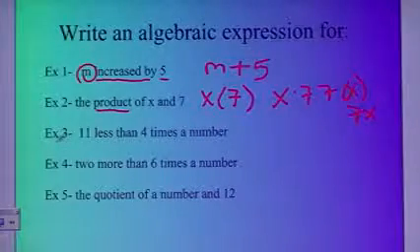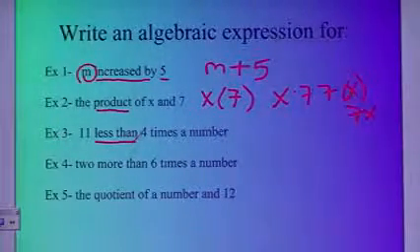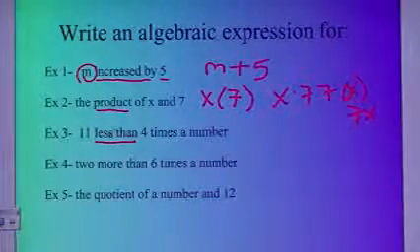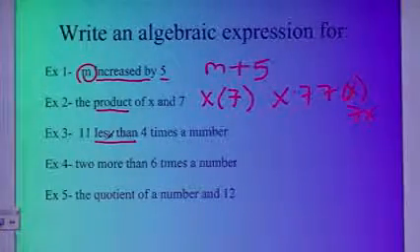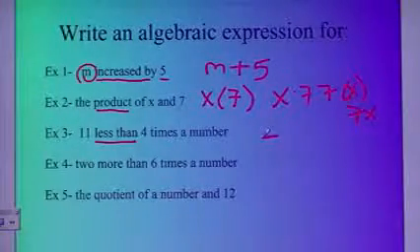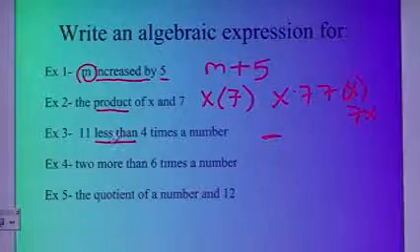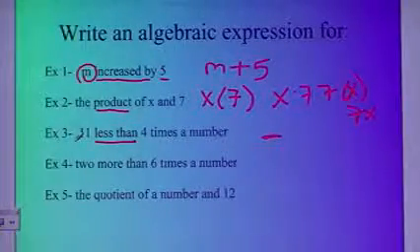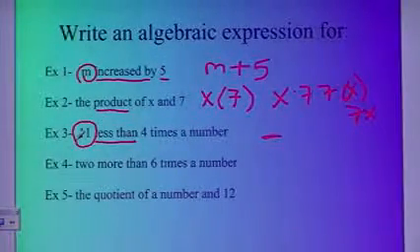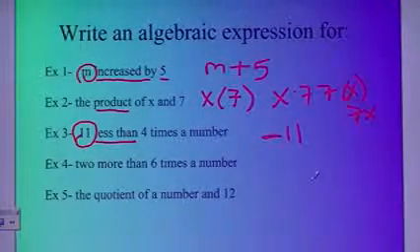All right, now example 3, this has the words less than in it. And remember, I told you less than means subtract, but it has a special trick. So since less than means subtract, I'm going to go ahead and put my subtraction sign. But here is the trick with any less than or more than problem. Whatever they put in front of the less than actually goes behind the subtraction.